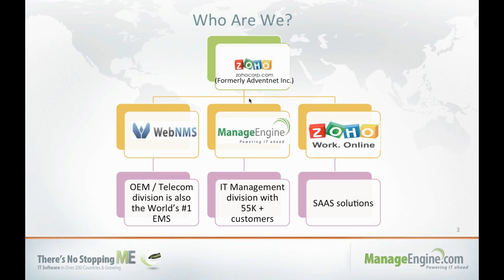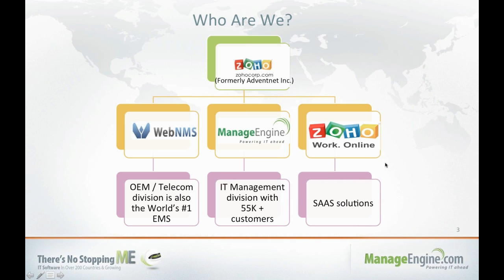So this is basically who we are. Manage Engine belongs to the company called Zoho Corp, which was earlier known as AdventNet Inc. And it has totally 3 subdivisions. One is WebNMS, which is the telecom division. And Manage Engine, well, we are the IT management suite of products constituting everything from network management, application management, service desk, configuration management, practically anything and everything that you need under the sun for managing your IT in the organization is offered by Manage Engine.